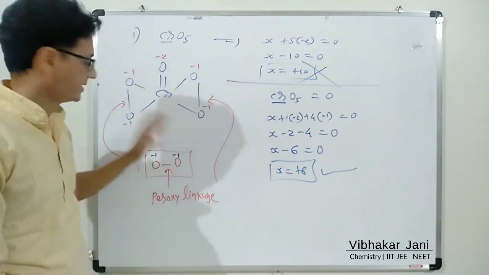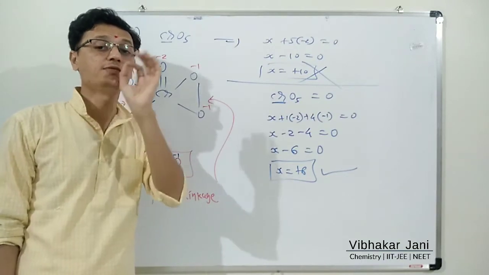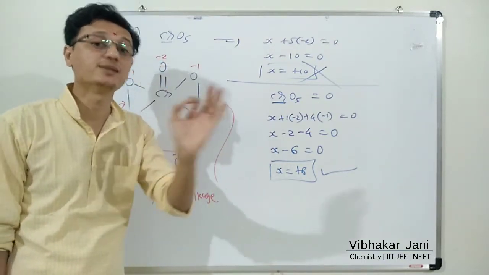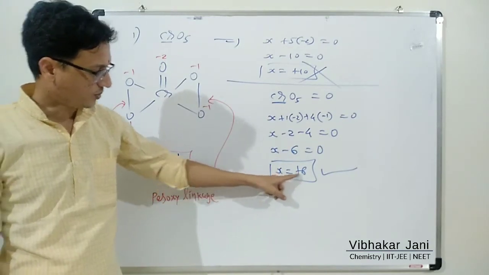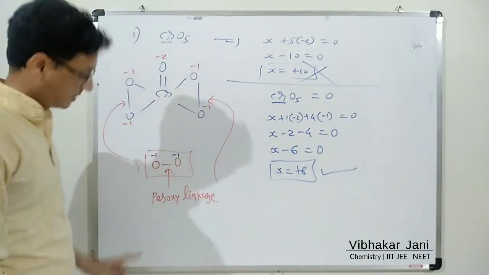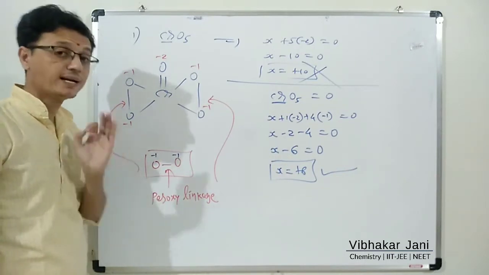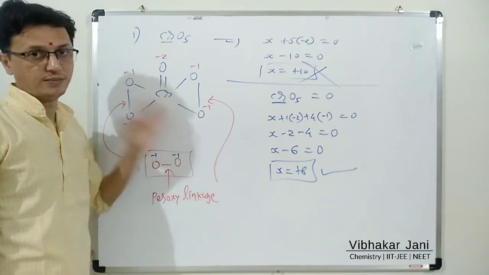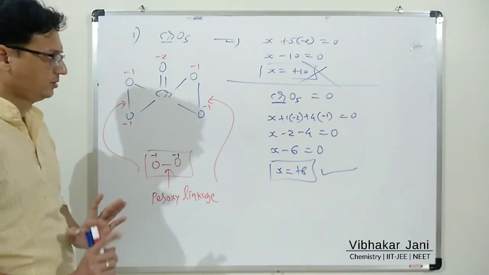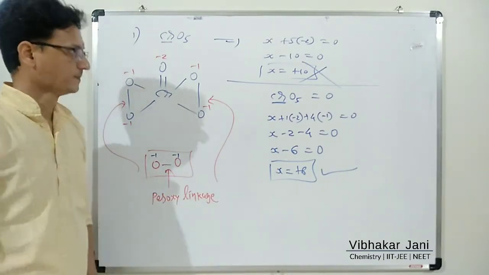But after knowing the structure, there are two peroxy linkages, that means four oxygens have oxidation state -1, therefore the oxidation state of chromium will be +6. So this is a compound in which the oxidation state of chromium can be calculated only after knowing its structure. Okay, so pause the video and write down what I have written on the board.